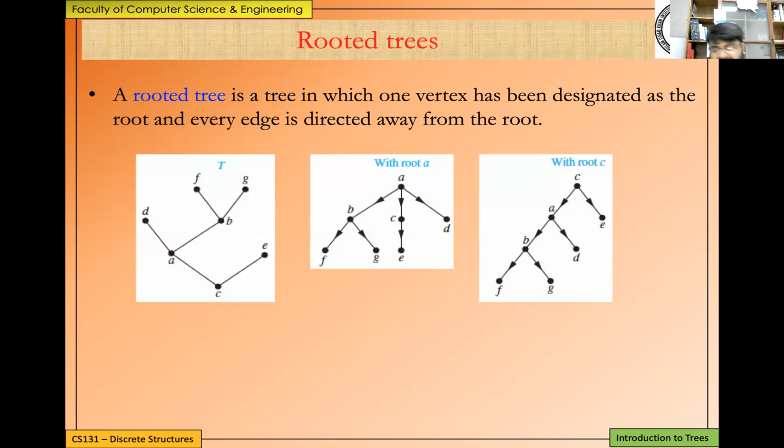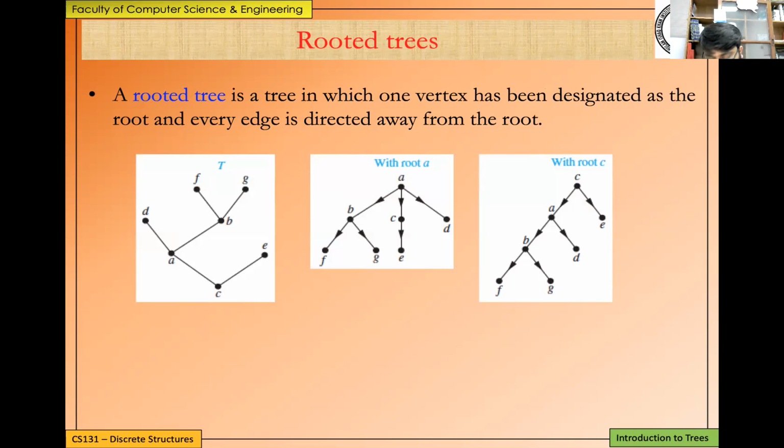If it is a tree, then it has to have a unique path between any two of its vertices. A rooted tree is a tree in which one vertex has been designated as the root and every edge is directed away from the root. Now let's suppose that we're given a tree T, right? And if you take root A, you can take any one of these vertices as its root.